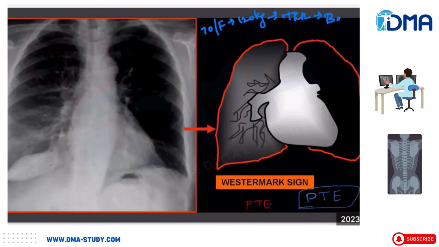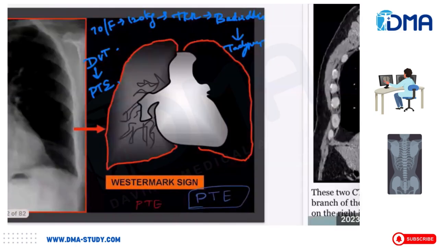After surgery, she was bedridden for a long time. Suddenly, she developed tachycardia. And you see the X-ray, it is like this. What is the diagnosis? The patient has got a deep vein thrombosis that hence dislodged into a pulmonary thromboembolism. And this will be the Westermark sign that you see in pulmonary thromboembolism.